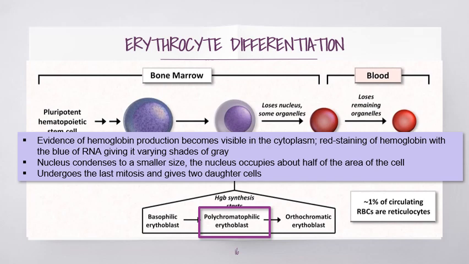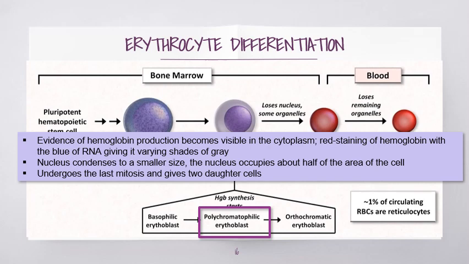That's why it's called polychromatophilic: in different stages, it will have different shades of blue and pink, sometimes gray, it's a mix. So it has a varying shade of gray to pink because of the varying amounts of RNA and hemoglobin in its cytoplasm.